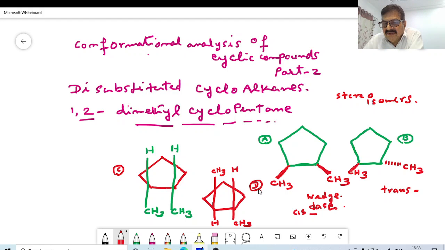So each carbon in the ring has one bond that will point above the ring and one bond that will point below the ring. Okay, so this is the cis isomer here, two methyl groups together.